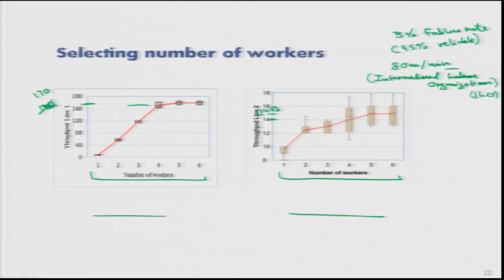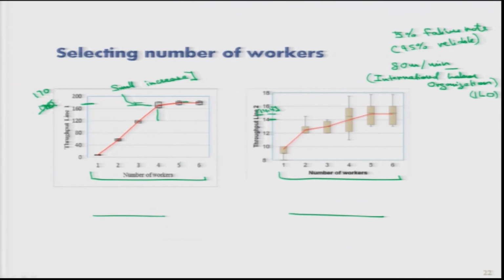So, when we choose 4 workers, the throughput is this much, and when we choose 6 workers, the throughput is this much. So, only this small increase is there by instituting 2 more workers.